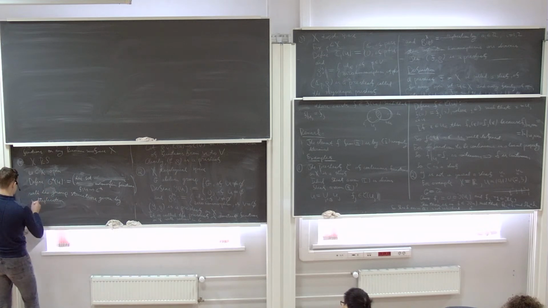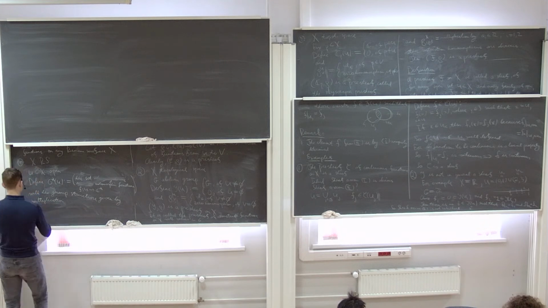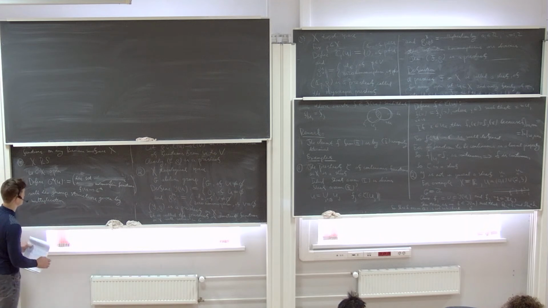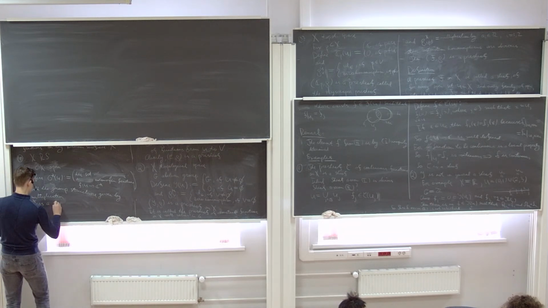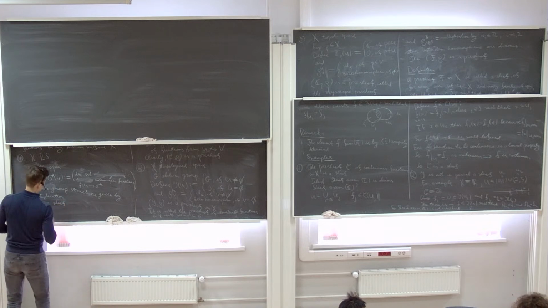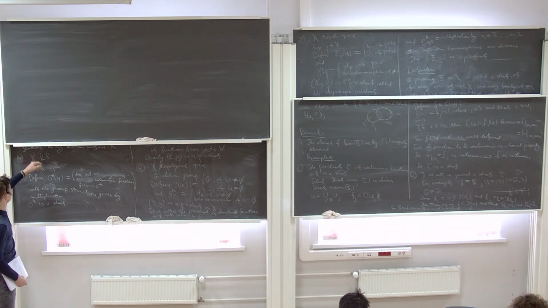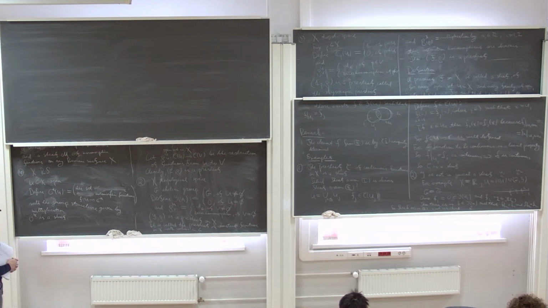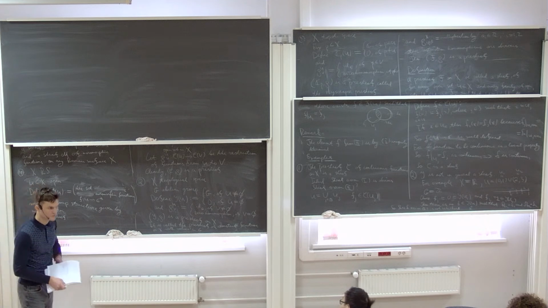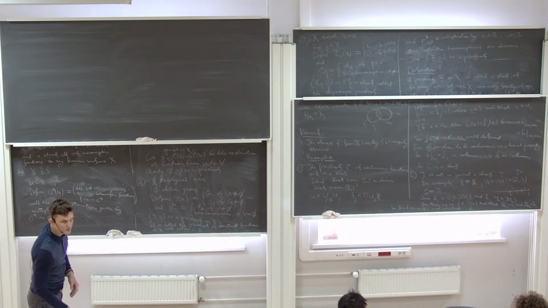The restriction homomorphisms are again obvious, and then O star is a sheaf. The proof is the same as for usual holomorphic functions. Okay, this is all for the lecture.